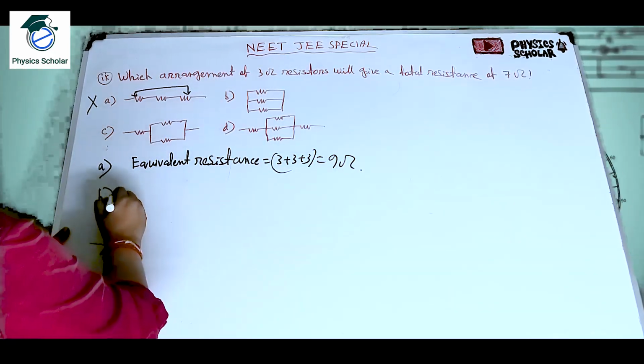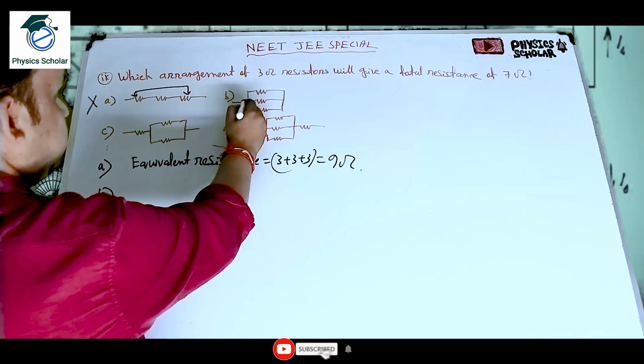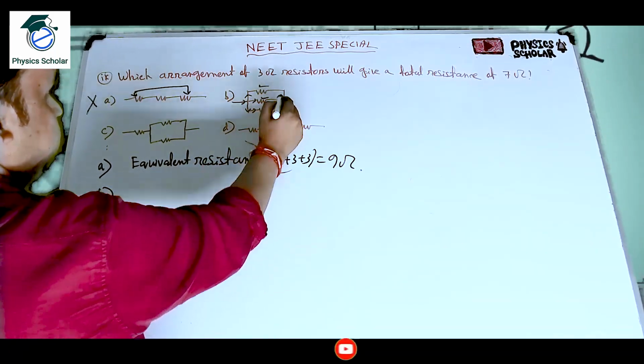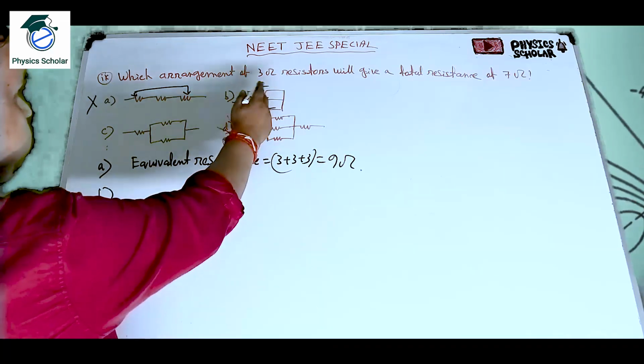Now option B, see. If the current is coming over here, it will be split into 3 parts, clear? That means these 3 are in parallel.